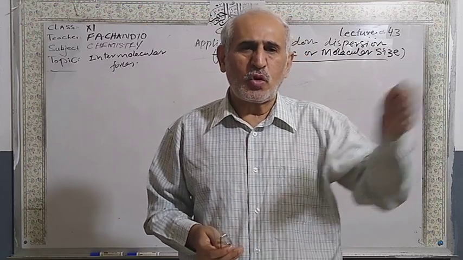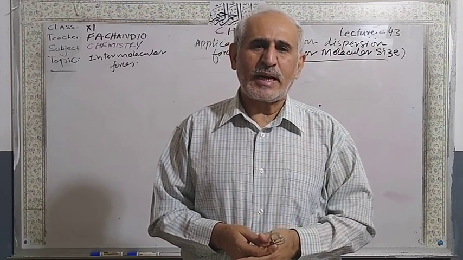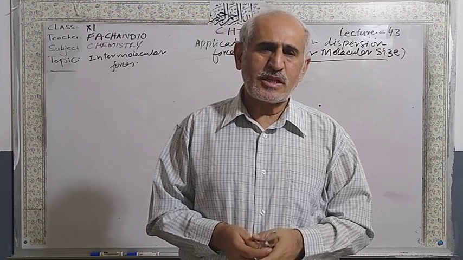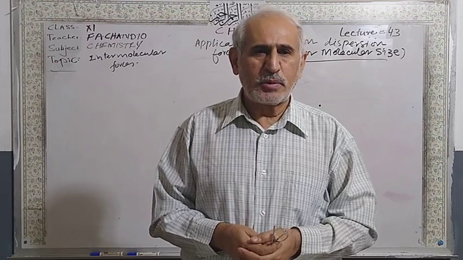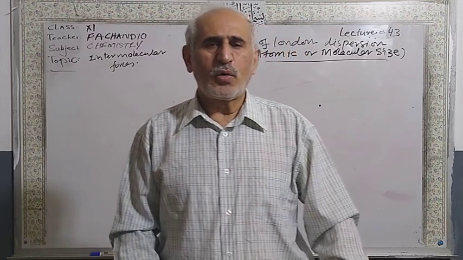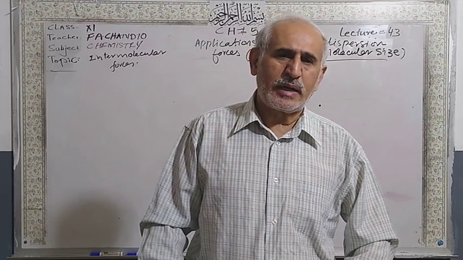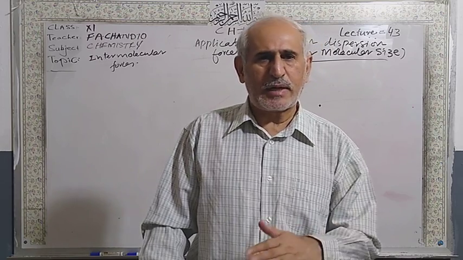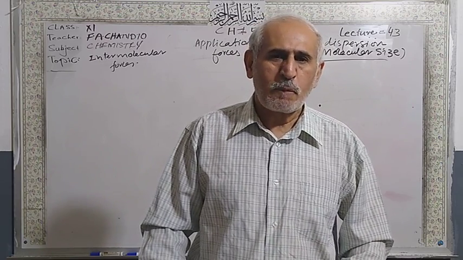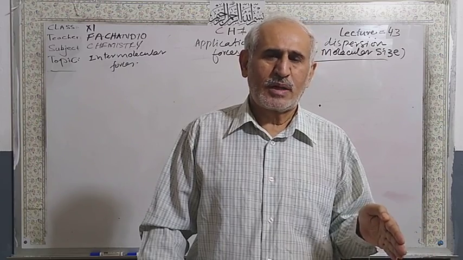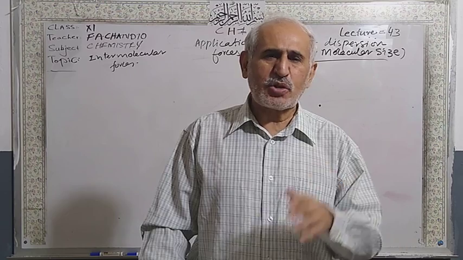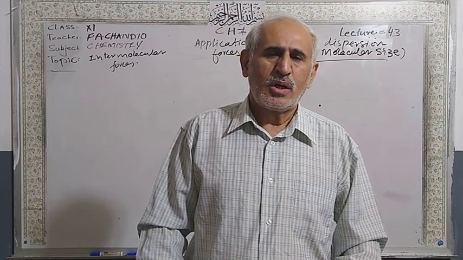So dear students, as we go down the group, the atomic size of the inert gas increases. They are monoatomic molecules, they do not react. Their outermost shell is complete with 2 electrons for helium and 8 electrons for the other elements. Due to the more electronic shells, the size of the atoms increases.